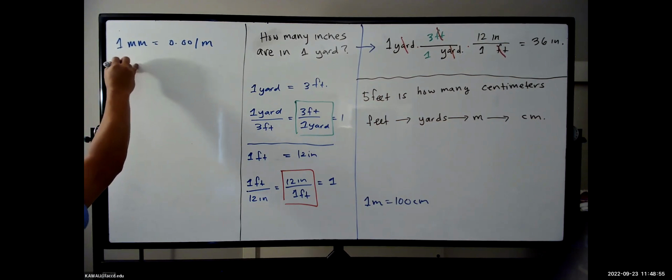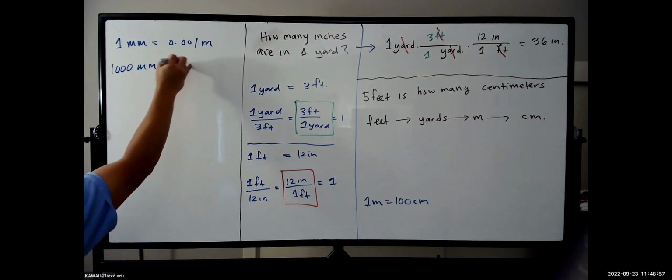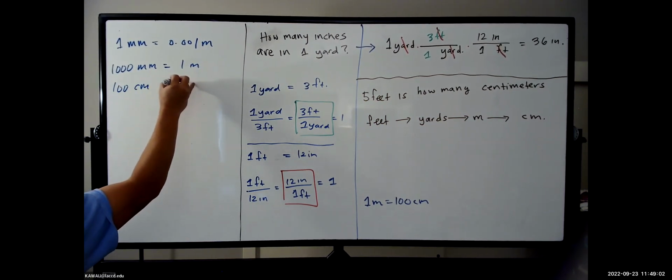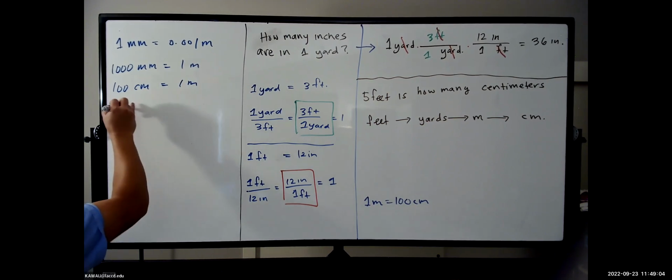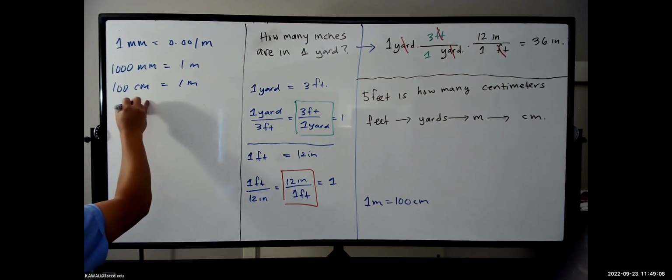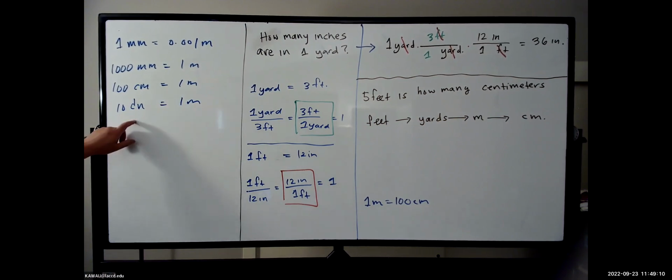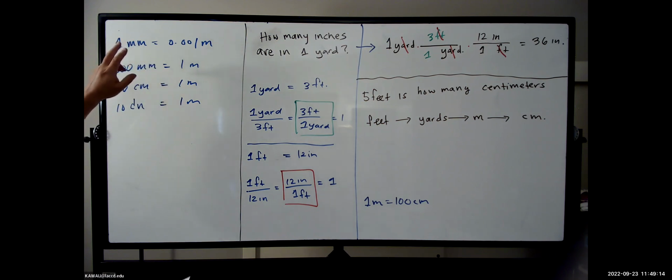I would do 1,000 mm is equal to 1 meter, and then 100 centimeter is equal to 1 meter, and then 10 decimeter is equal to 1 meter. So I would do it this way rather than memorizing the 1 millimeter is equal to 0.001. This is the easier way to memorize. Same thing with millimeters and milligrams.